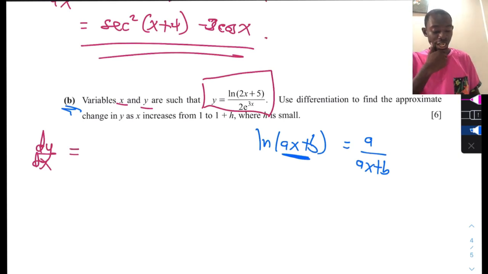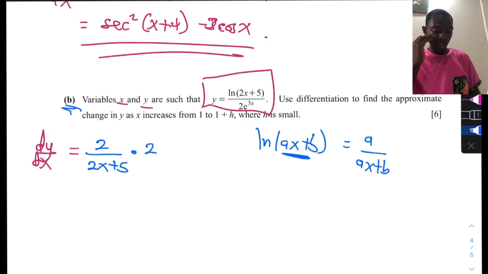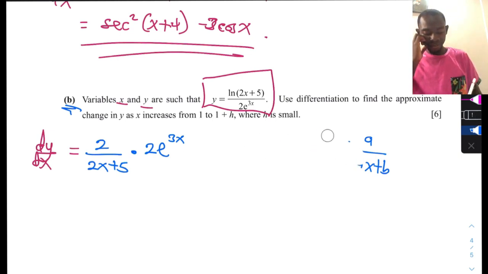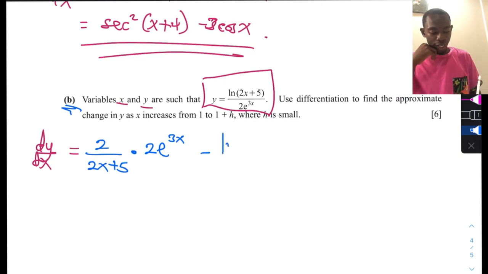So if I differentiate the inner function, I'll get 2, divided by 2x + 5. Then you keep the denominator constant. Minus, now we keep the numerator constant and differentiate the denominator. That will give us 6e to the power 3x.